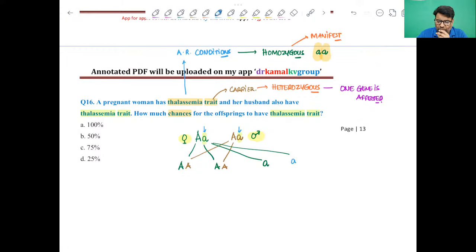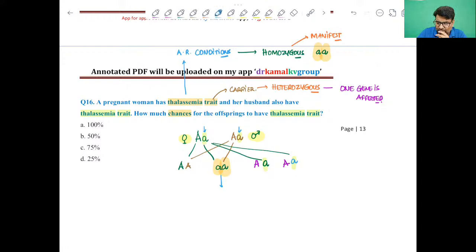And therefore the two will have the heterozygous state. So here 2 will have the heterozygous, and out of the 4, 1 will have the homozygous. Okay, so let's write homozygous here. So only 25% will have the disease, right?